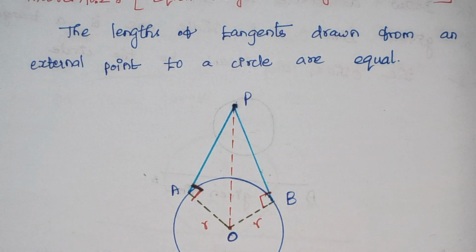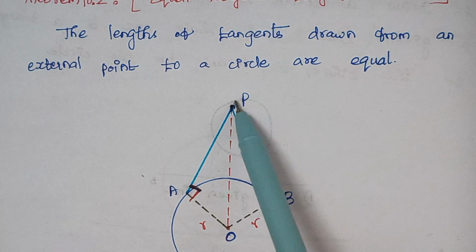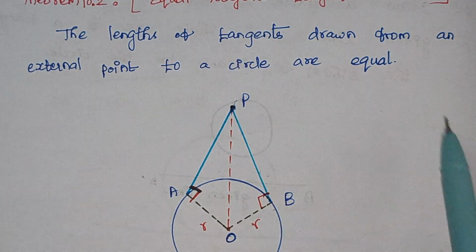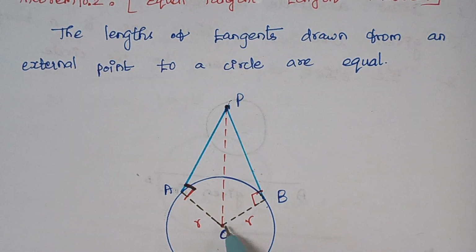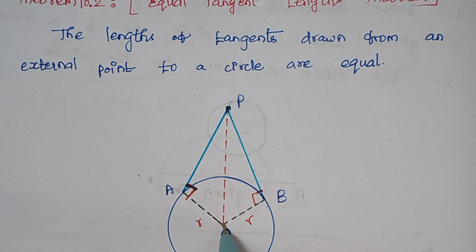So in this diagram we have drawn a circle and two tangents. Now let O be the center of the circle.